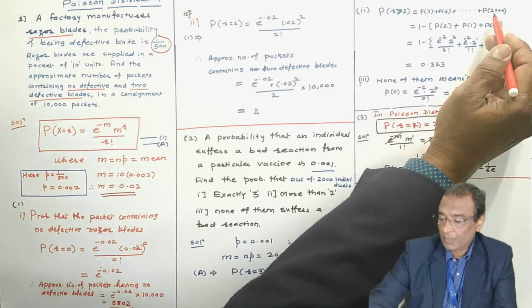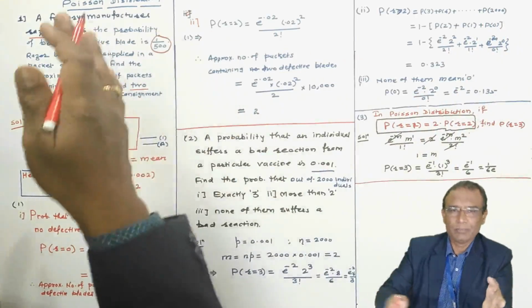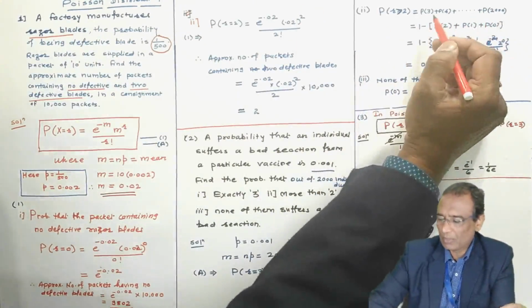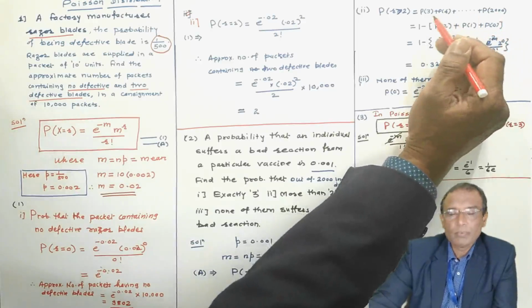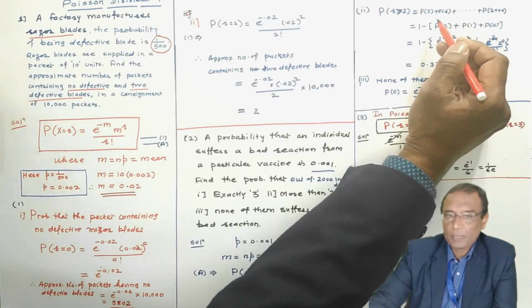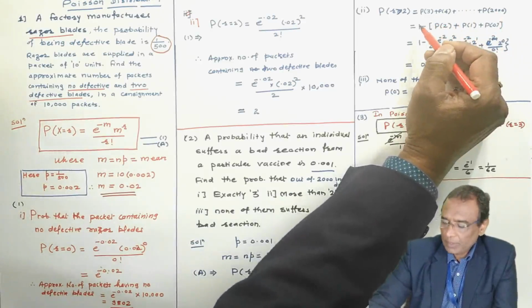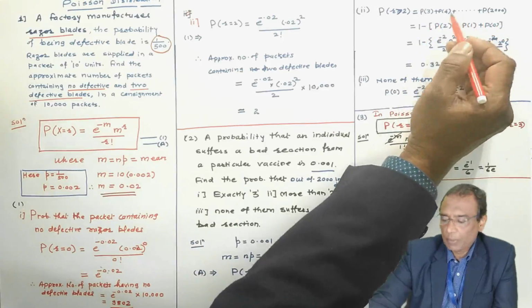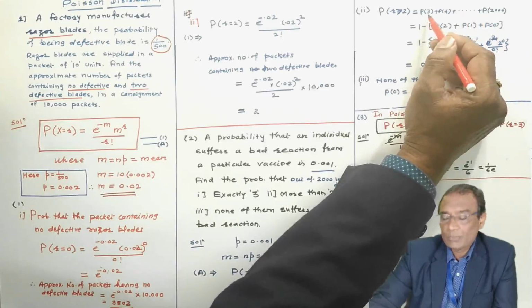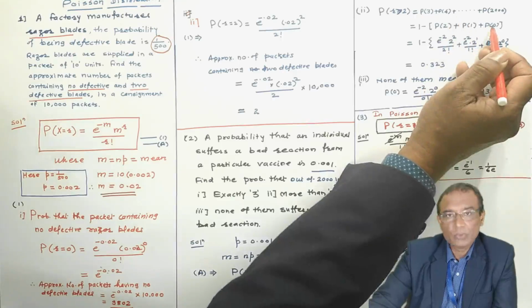Here it is not feasible to find this many probabilities. In this situation, we can use the complementary law of probability also. Total probability is 1, and 1 minus the complement of this. Complement of this means the probabilities which are absent here. Probability 2 is absent, probability 1 is absent, probability of 0 is absent.